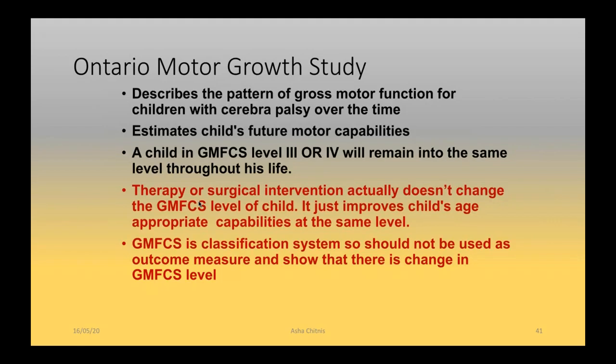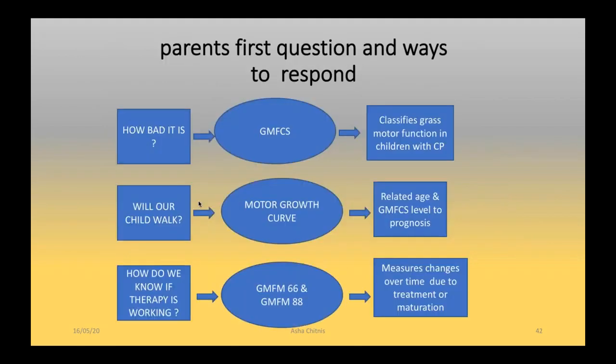I like this. Something that I always come and talk to parents about, with therapy or any other special investigations. How bad it is, GMFCS will tell you. Will our child walk? These motor growth curves will tell you. And how do you know therapy is working? Use these scores or any other outcome measures that will measure time for change. I really like this.